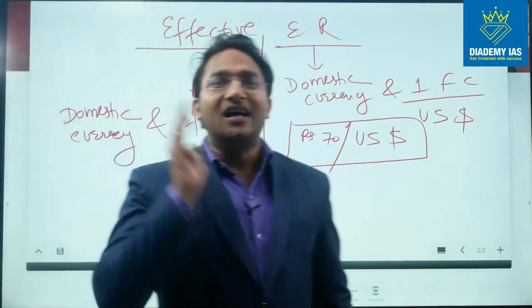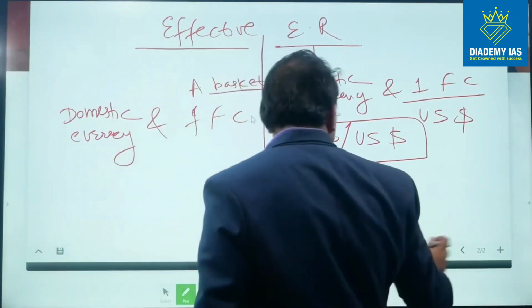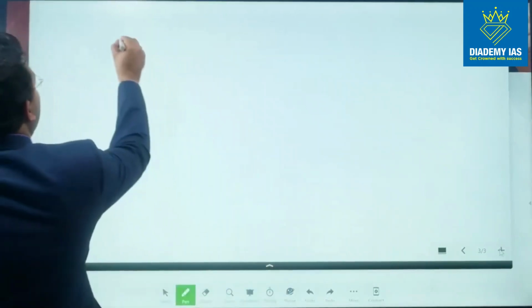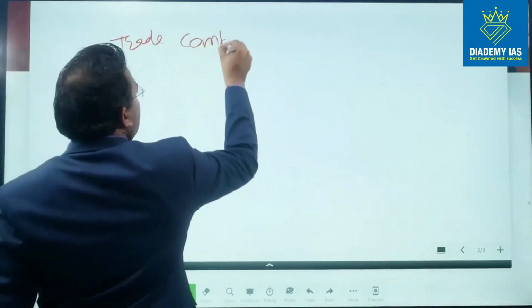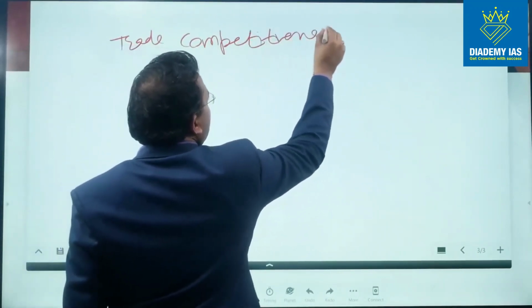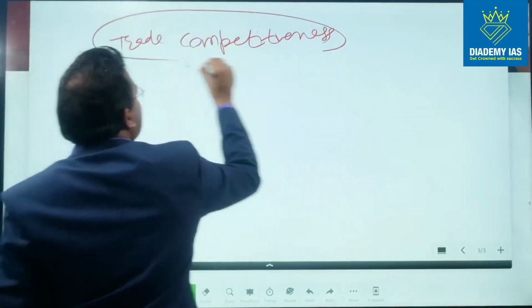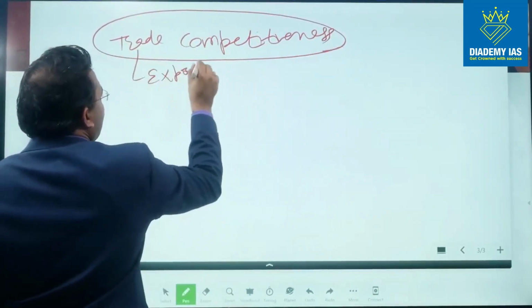Basket basically means a group. Now you might ask a question, sir, why are we taking this basket at all? For that we need to understand one next thing, that is the trade competitiveness, or we also call it the export competitiveness, right?